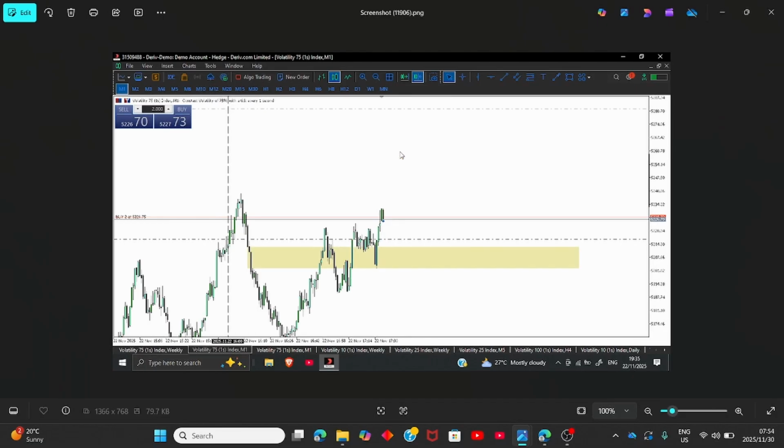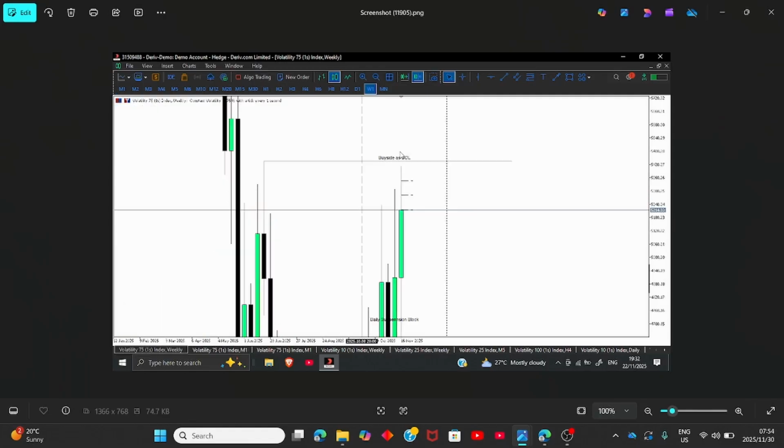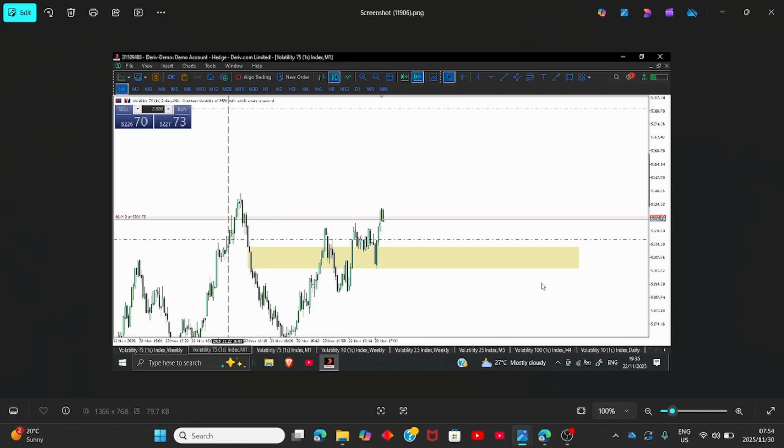I'm now down here. As soon as I dropped, by the way, you can see even the time marker there. As soon as I got down, I was watching price and marking some PDRAs to consider and use during that time. So I have this fair value gap that I've marked here, and this is the daily wick lower quadrant.